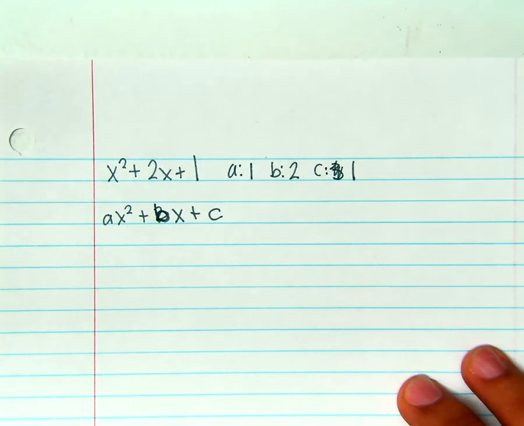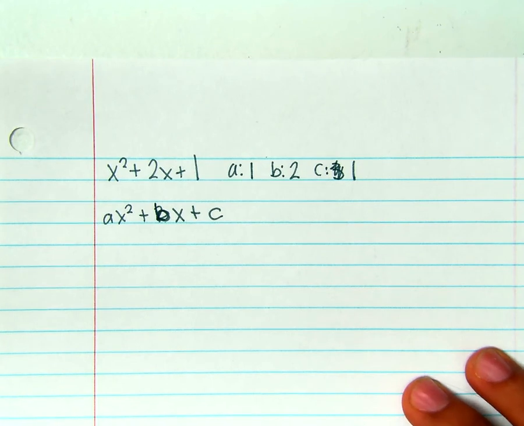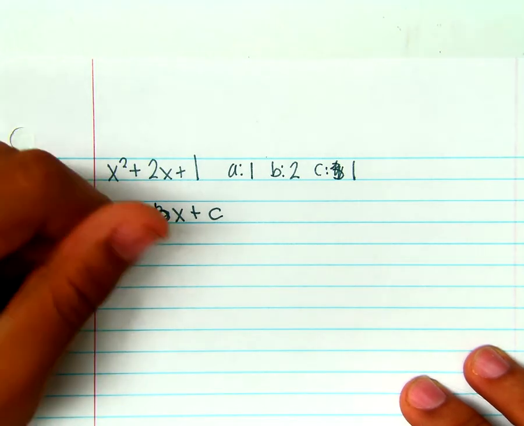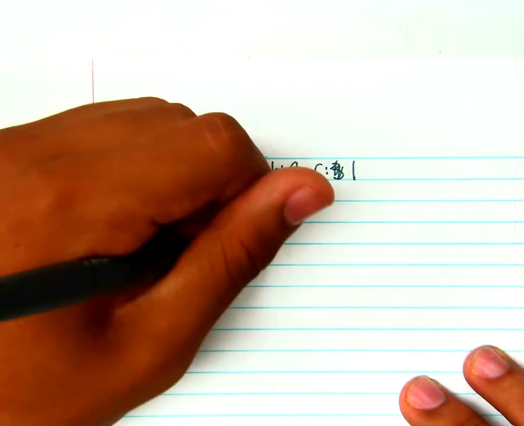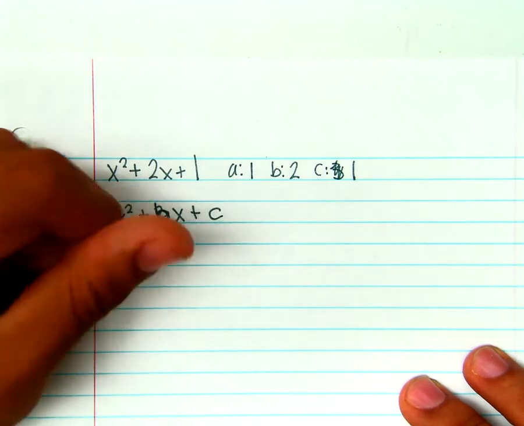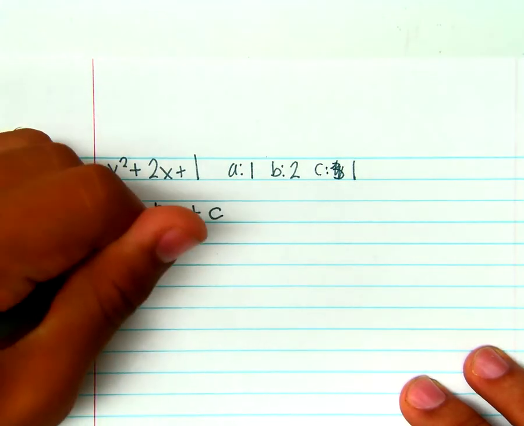So whenever we see a trinomial, the first thing we want to do, the first step, is find our a, b, and c. And that's only the coefficient. Okay? Now, the method that we're going to use today is the AC method. And with the AC method, we're going to do scratch work to the side. I'm going to rewrite our problem.